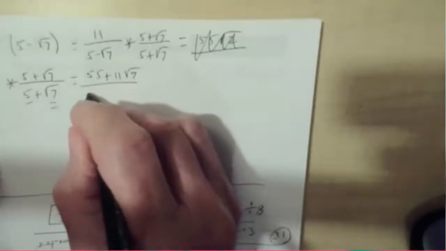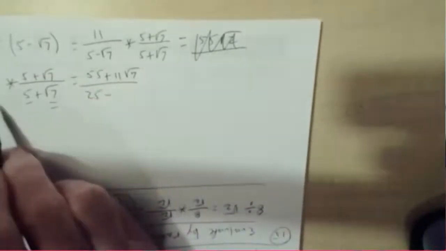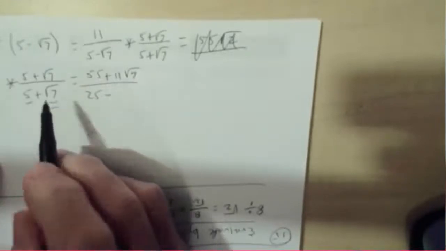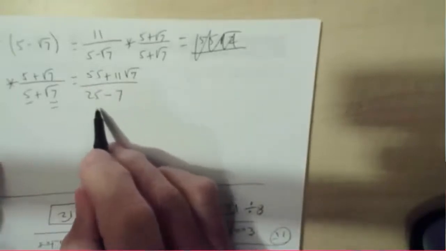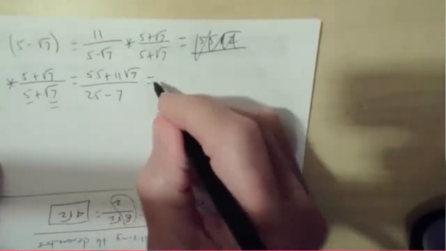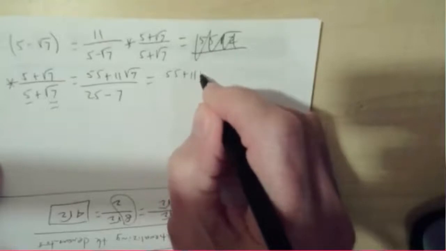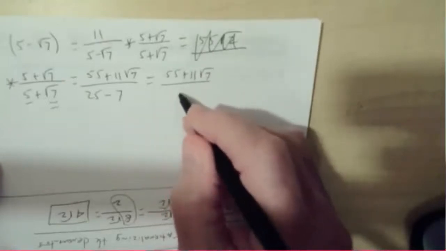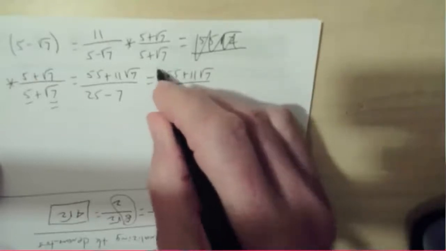So we have 25 minus square root of 7 times square root of 7 is the square root of 49, and the square root of 49 is 7. Remember, the radical just goes away here. So we have 55 plus 11 square root of 7 over, what is it, 18? And there we have it.